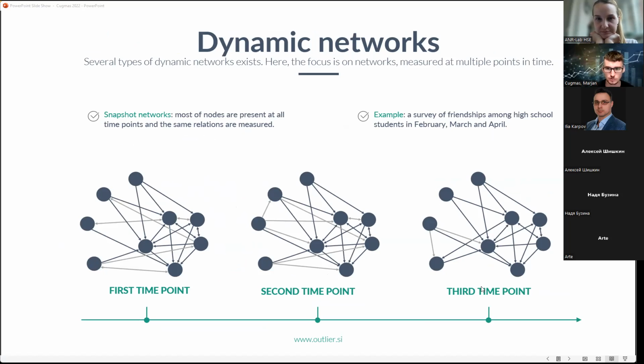This is all good. But we have additional information in this data, which is not considered when analyzing networks in such a way. This information is that these nodes are the same people. This means that, for example, this link and this link are not independent in time, because they are between the same people.